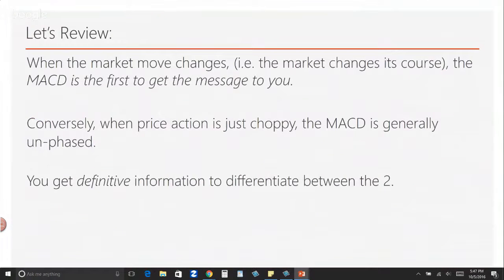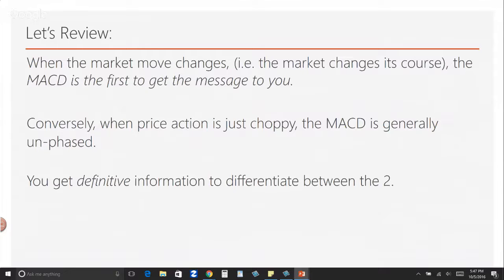So let's review. When the market move changes, for example, the market changes its course, has a reversal, starts something new, the MACD is the first to get the message to you. Conversely, when price action is just choppy, it looks like it's really starting to move, but it's actually just choppy.